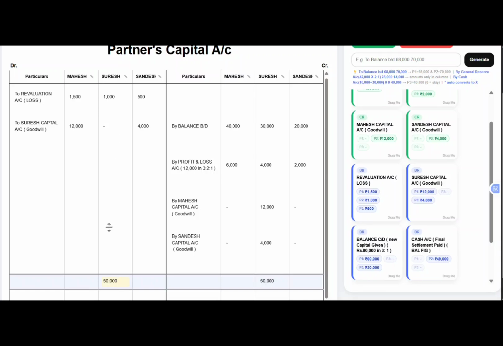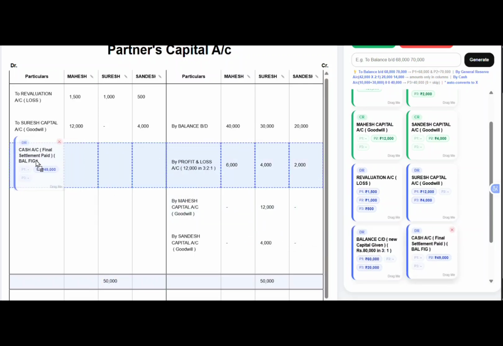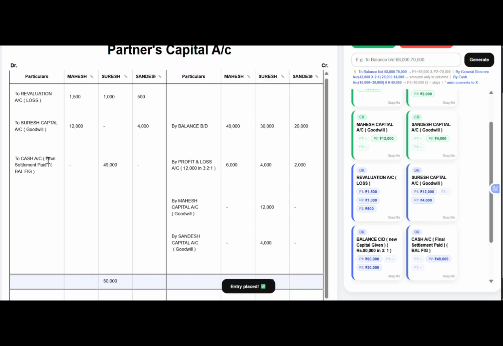So which will be written here on the debit side to cash account, which is the final settlement that has been made to the retiring partner Suresh. So the balancing figure is 49,000 that is paid immediately in cash. So we write on the debit side as to cash account. So therefore it is to be settled immediately to the retiring partner Suresh.